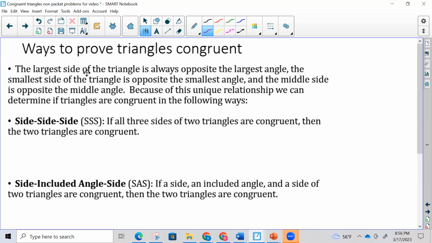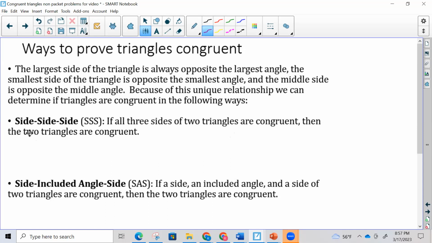So the largest side of a triangle is always opposite the largest angle. The smallest side of the triangle is opposite the smallest angle, and the middle side is opposite the middle angle. Because of this unique relationship, we can determine if triangles are congruent in the following ways.